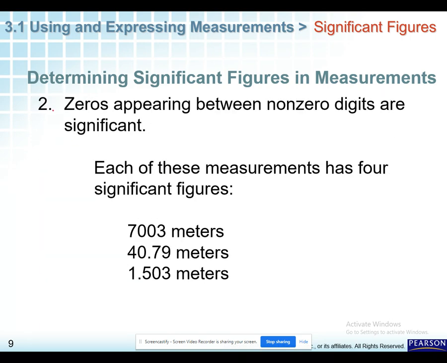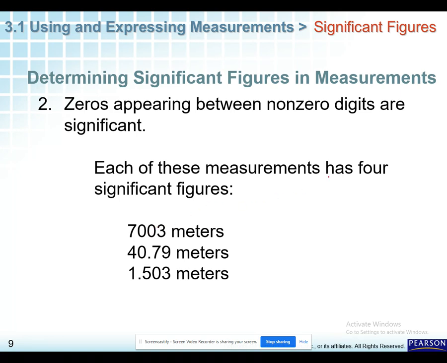The second rule, and this is where people start to get confused, is with zeros. So the following rules are all going to be about zeros. Zeros appearing between non-zero digits are significant. So for example, these zeros are between 7 and 3, so they count.